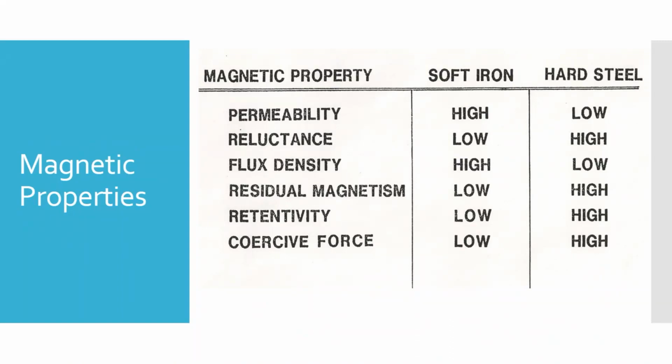The trade-offs there, though, is when you remove the magnetizing force, a soft iron has low retentivity and results in low residual magnetism. So it really only magnetizes while you're running current, versus a permanent magnet, like a horseshoe magnet or a bar magnet, is made of hard steel. And once it is magnetized, then it will stay.